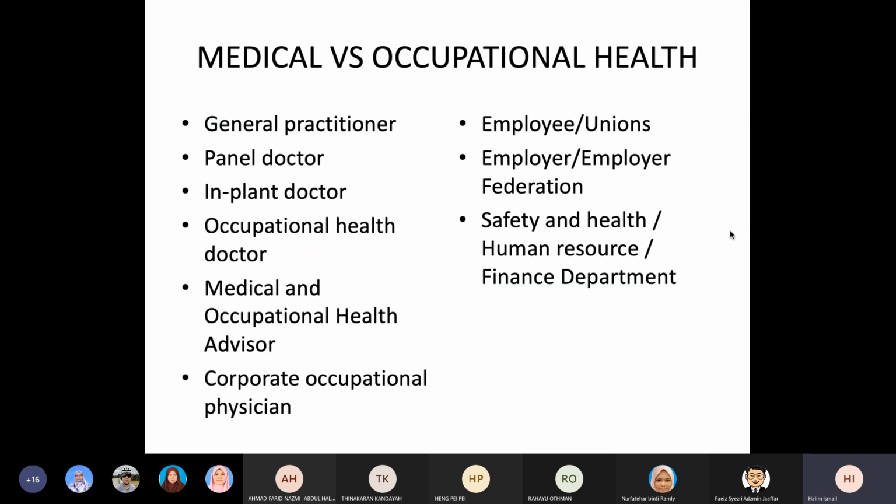So in terms of medical versus occupational health, this is basically an introduction to the differences between a normal GP and occupational health doctors.